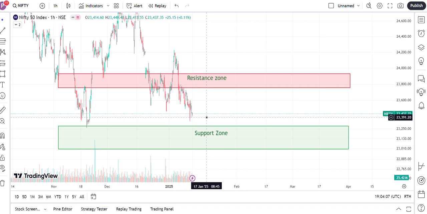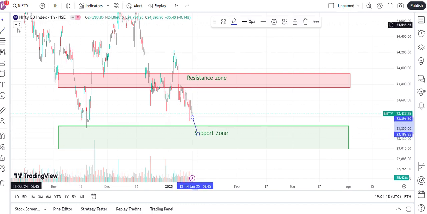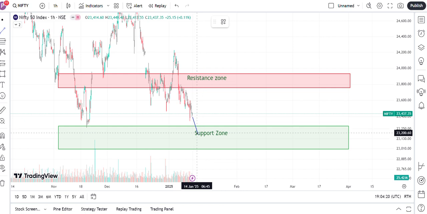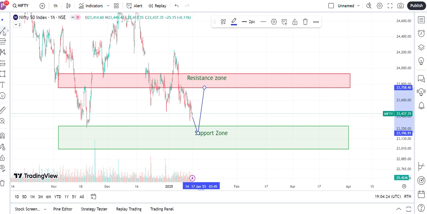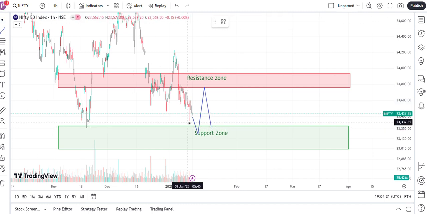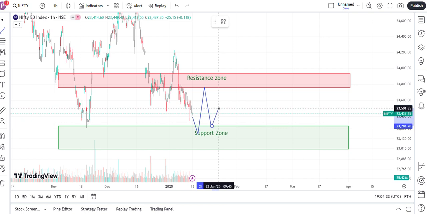So bottom formation is something like this, I'm expecting. Generally when a bottom is forming, there may be some price action like this. We will go near resistance, then we will fall to this and then come up.